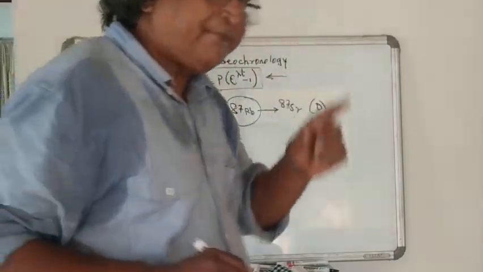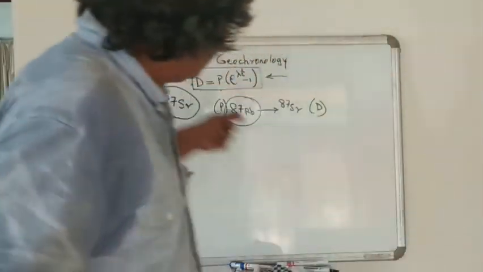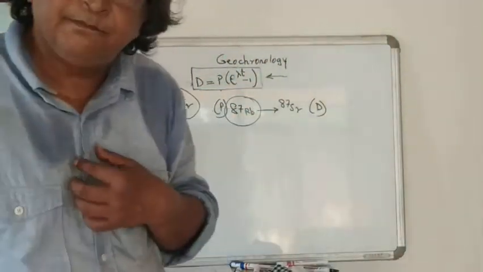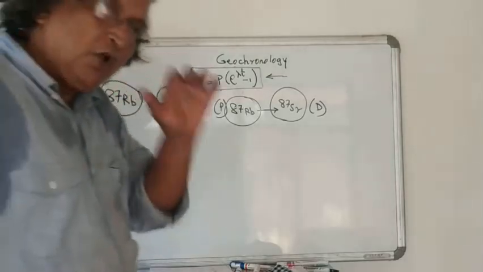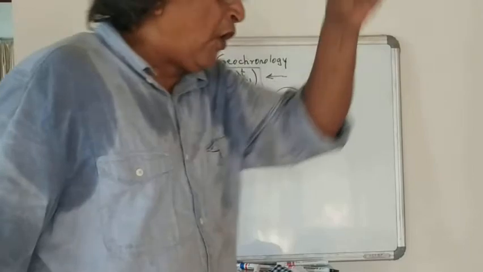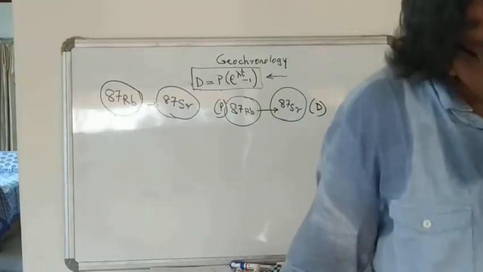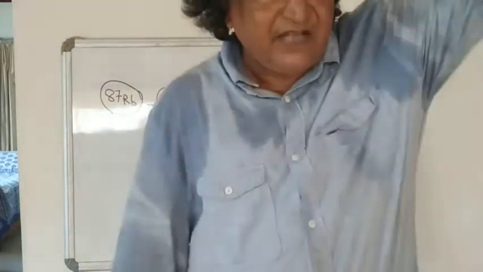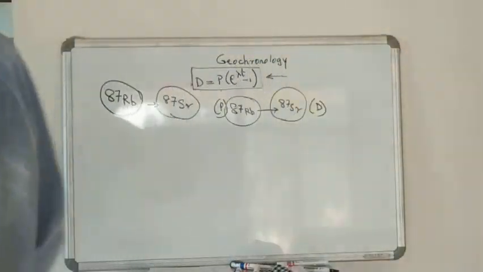Remember the neutron capture process. This is a neutron capture process and there's a beta decay. So it immediately started to decay, and you had 87 strontium being produced. But the rock also had incorporated, when it formed, 87 strontium, which it had inherited not by radioactivity, but as an independent amount it incorporated.